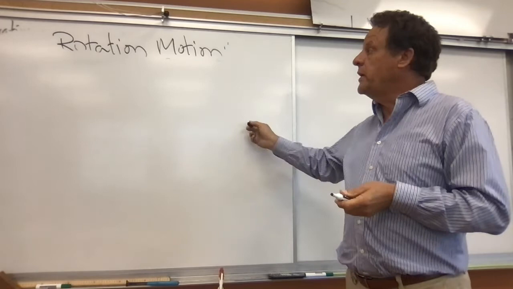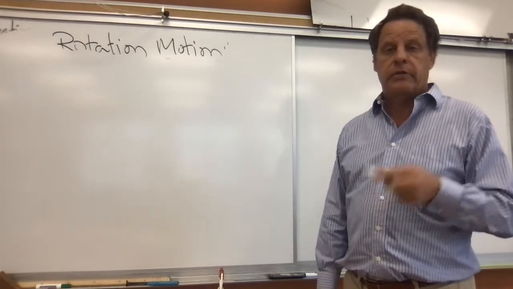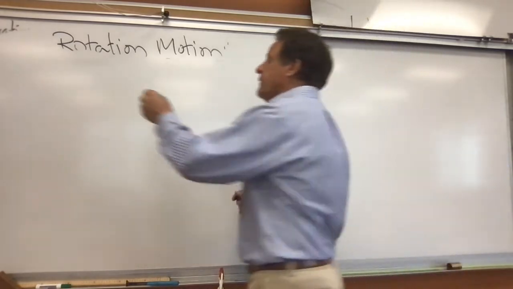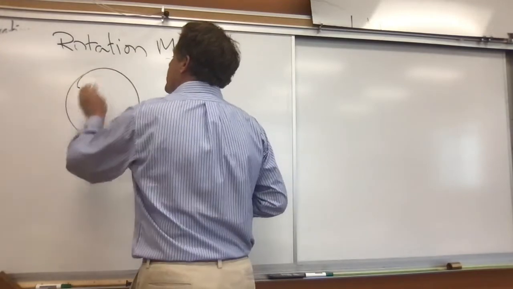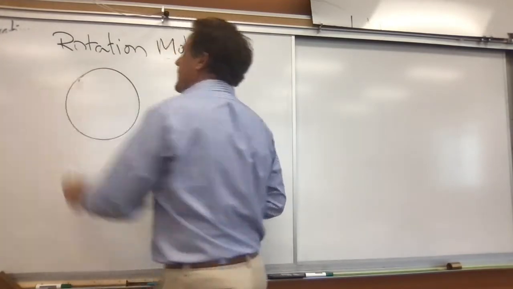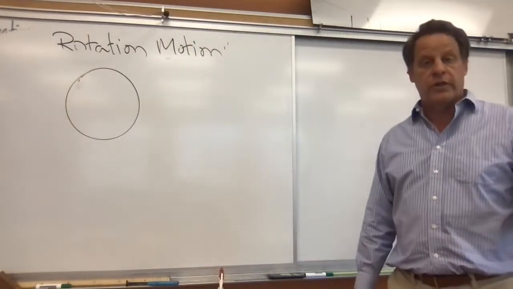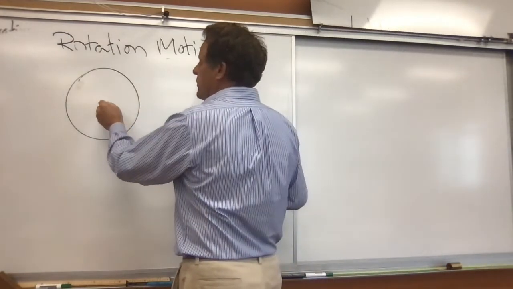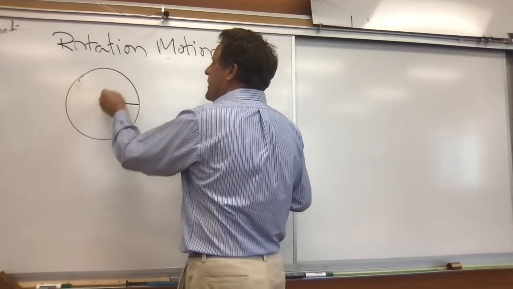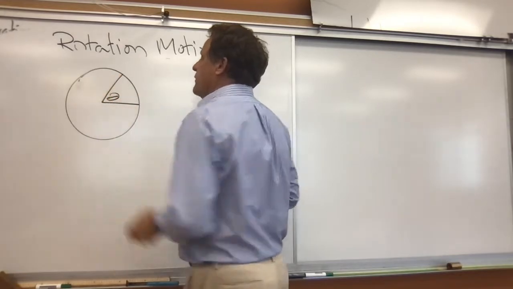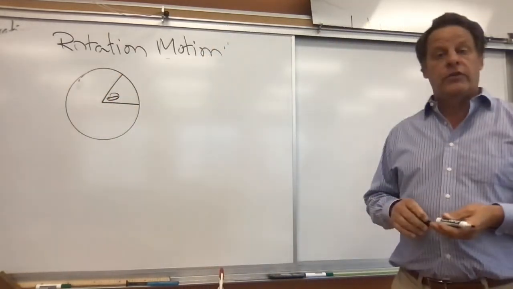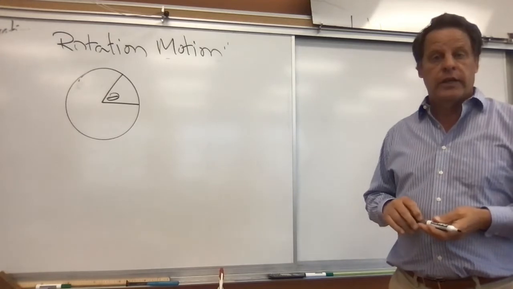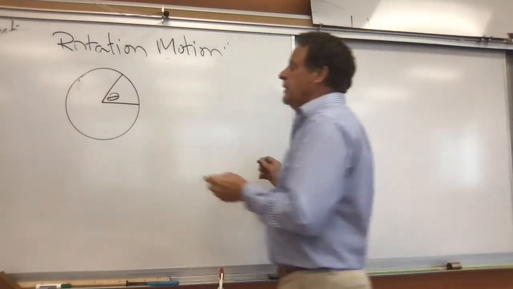And so what we want to talk about is some preliminary stuff. If we have something that is rotating, like a bicycle tire or a car tire, we can think of this tire as rotating through a certain angle.